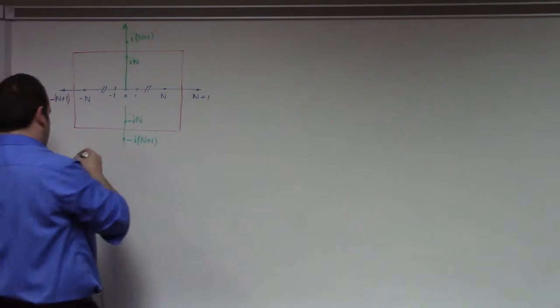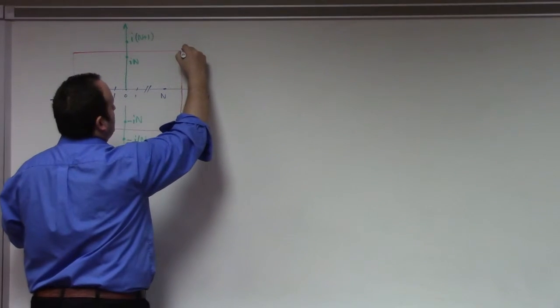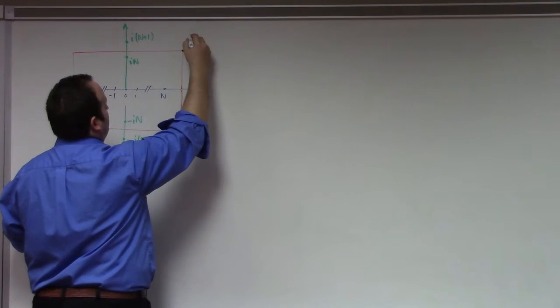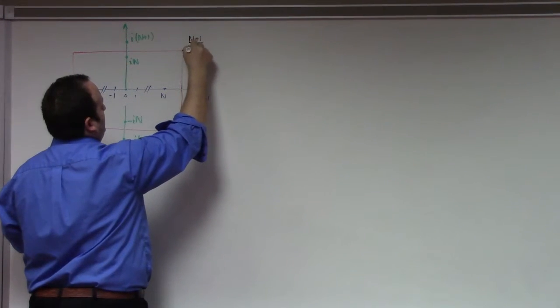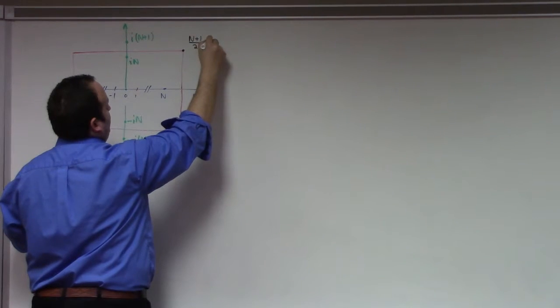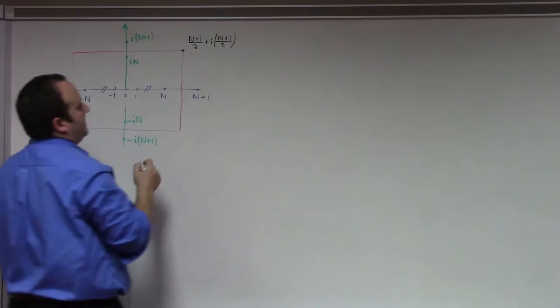So let's see here. I'll label one of these corner points. It's really just important to get the idea of this. It's good to see the details worked out, I suppose. This is n plus 1 over 2 plus i times n plus 1 over 2. That point.